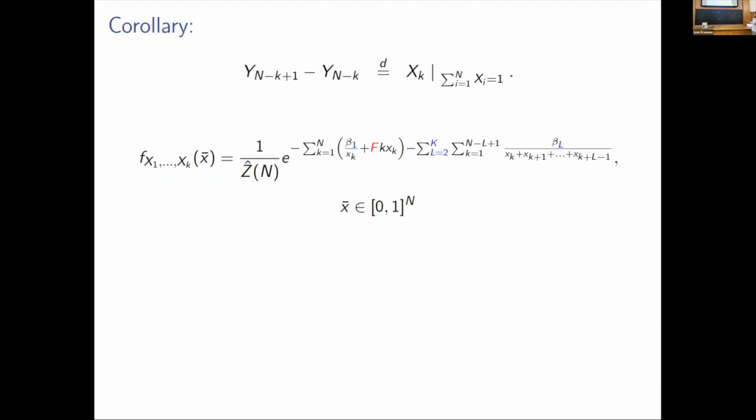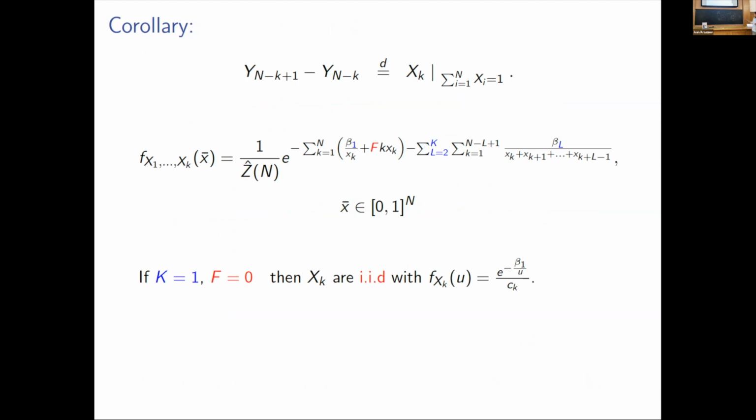Now I want to write it in this form. From the previous representation, we can study the density through the density of the conditional.